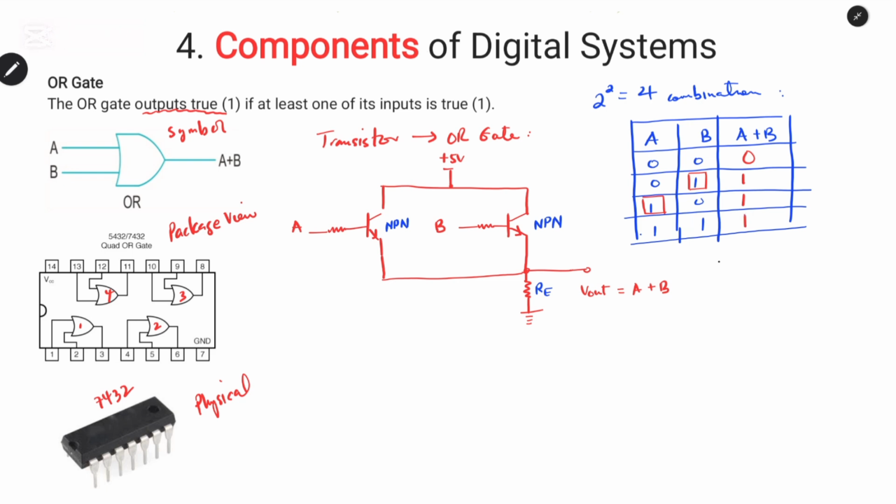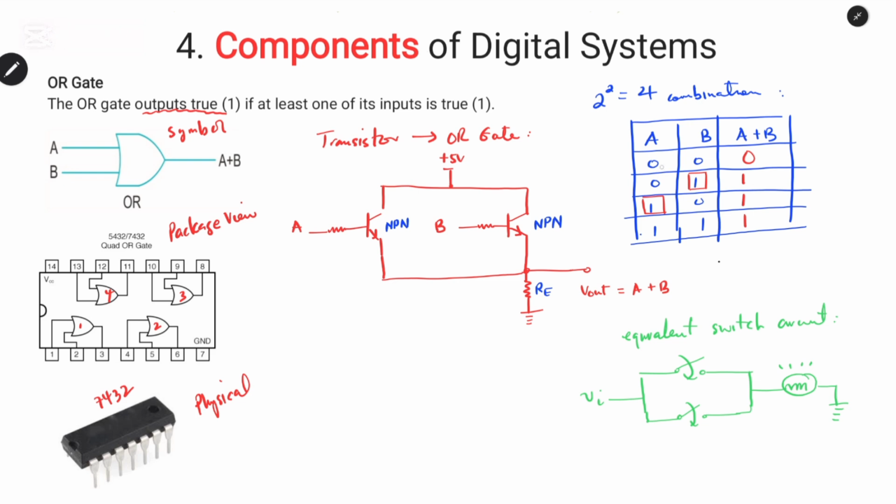Let me as well draw the equivalent switch circuit for this case. Therefore, we can now see what is really happening with regards to the switch equivalent circuit and the transistor OR gate construction.